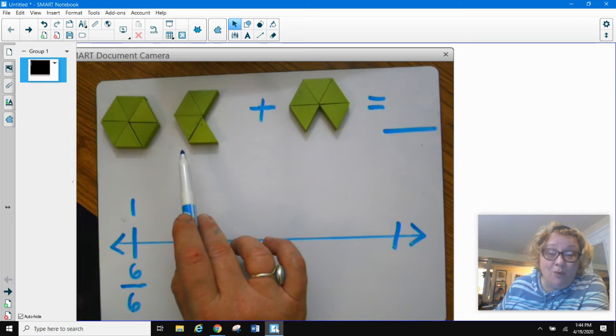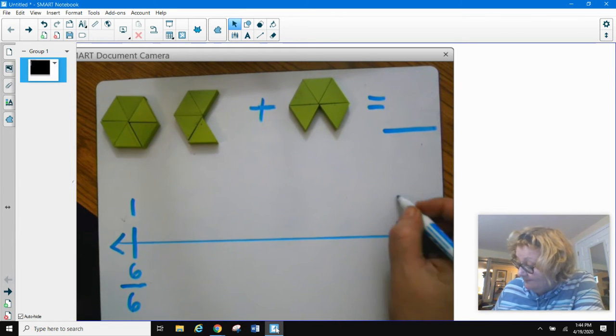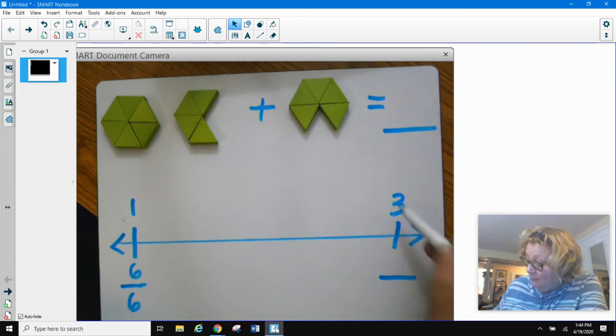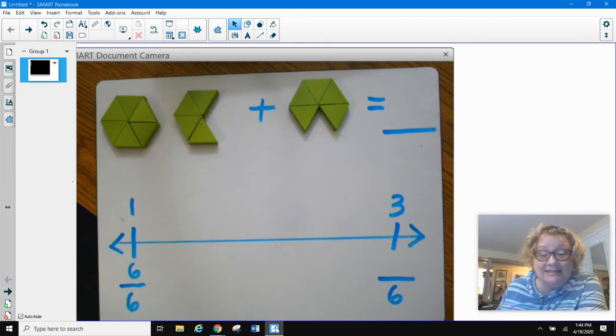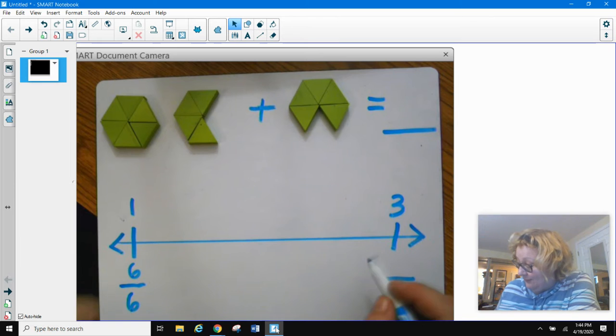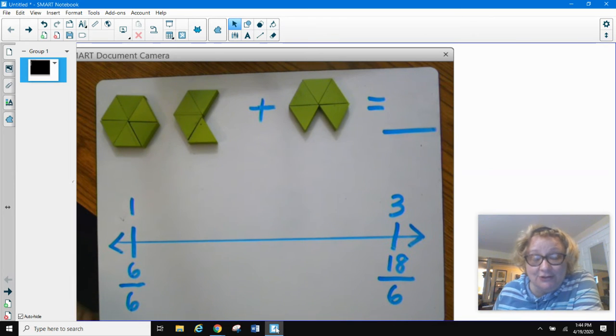So our answer is going to exist somewhere between 1 and 3. So let's go on and identify how many sixths we need to make 3 wholes. Well, we need 6 for the first whole, 12 for the second whole, and 18 for the third whole. So 18/6 is where we're going to finish, okay?